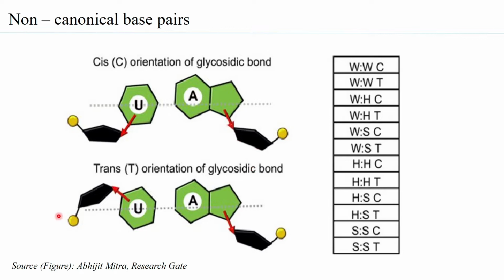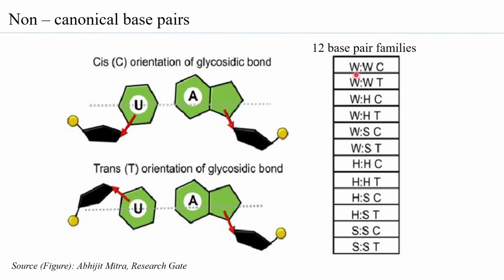But when you have the axis of symmetry drawn between the same nucleobases, with one sugar on one side of the axis of symmetry and the other sugar on the other side of the axis of symmetry, then this is considered to be trans orientation. So you may have the sugars in cis orientation or in trans orientation, possible in a non-canonical base pair.